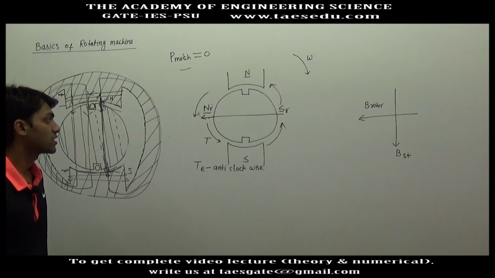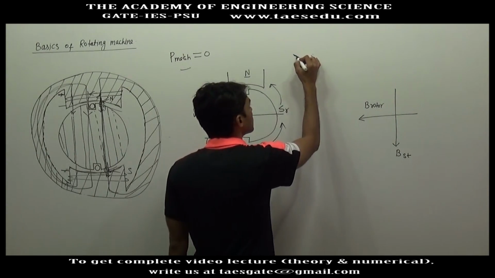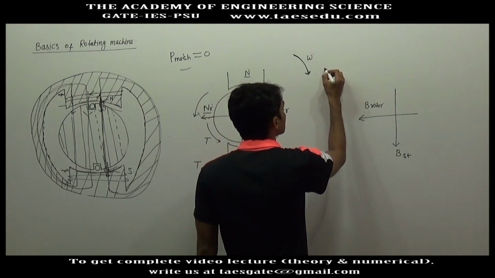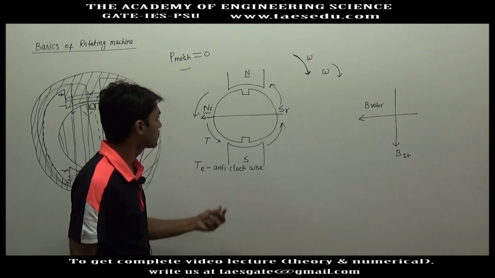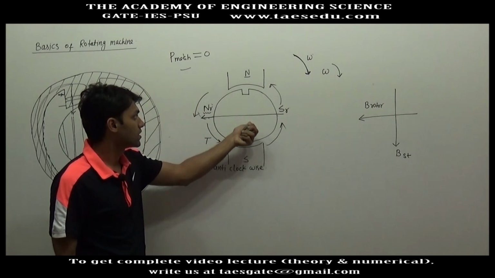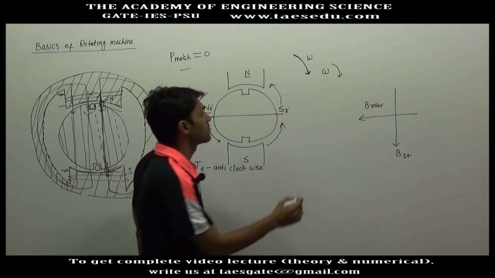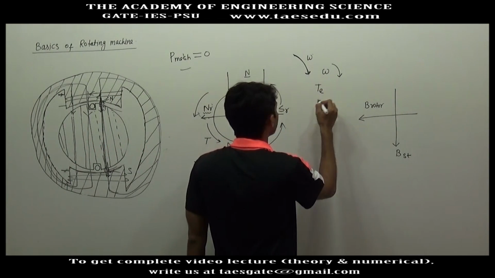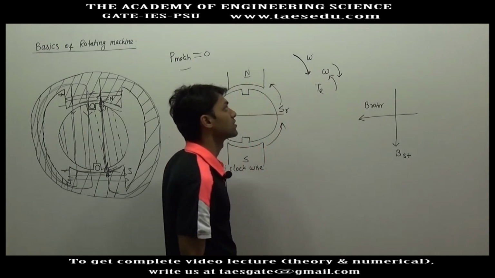So if there is a torque in the anti-clockwise direction, what was the initial speed? The initial speed was omega in the clockwise direction, and due to induction of current and production of magnetic field, we have an electrical torque. This torque will be called electrical torque. It is in the anti-clockwise direction.